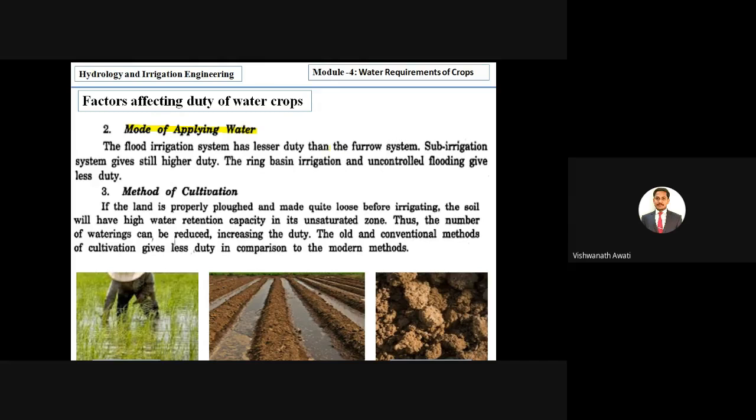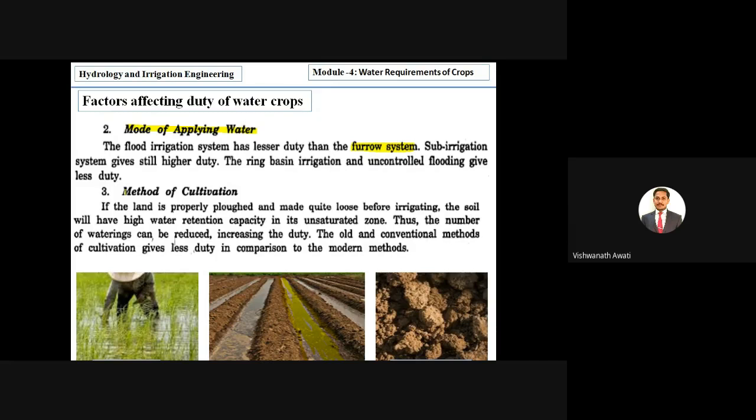Then the furrow system: you can see in the image, these channels are created, and this is called the furrow system. Due to water conveying through these channels, there is less use of water and more covering of area. Due to more covering of area, duty will be high comparatively with flood irrigation, right?